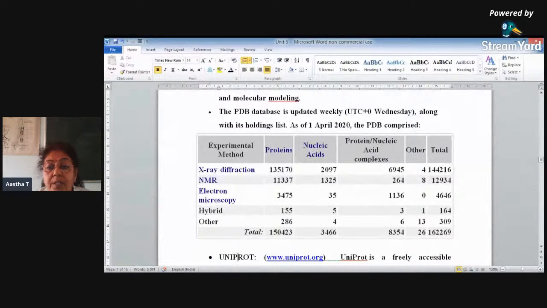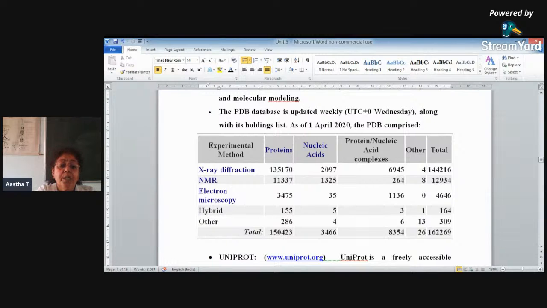So total 12,934 proteins or their complexes or nucleic acids, their data has been submitted to PDB, identified by nuclear magnetic resonance spectroscopy. Then electron microscopy ने काही आहेत, काही hybrid methods आहेत. So 2 or 3 methods have been used together. So those hybrid methods ने सुद्धा काही प्रोटीन्स आयडेंटिफाय केलेले आहेत, आणि ते आहे 155 proteins, nucleic acids 5, protein nucleic acid complexes 3, other 1, and total 164.